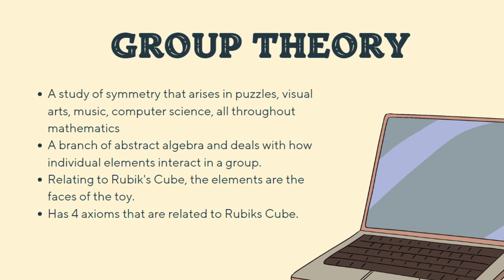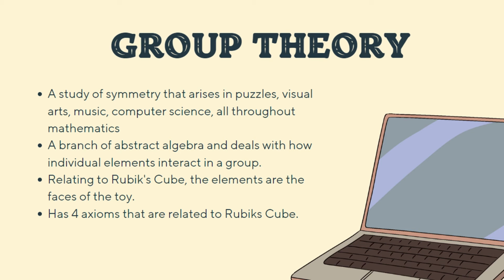Now we will define what group theory is. Group theory is the study of symmetry that arises in puzzles, visuals, arts, music, computer science, and all throughout mathematics. It is a branch of abstract algebra and deals with how individual elements interact in the group.